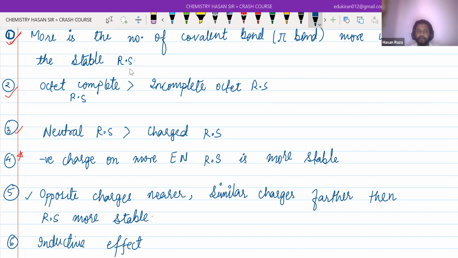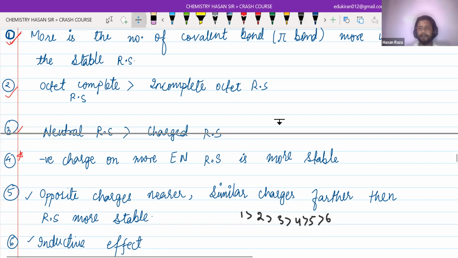They should be far away from each other. And at last you will check inductive effect, like the stability. So this is the priority order: first, second, third, fourth, fifth, sixth. I have written this in this way. So these all 6 points are very important for checking the stability of resonating structure. Is that clear? Can I change the slide?